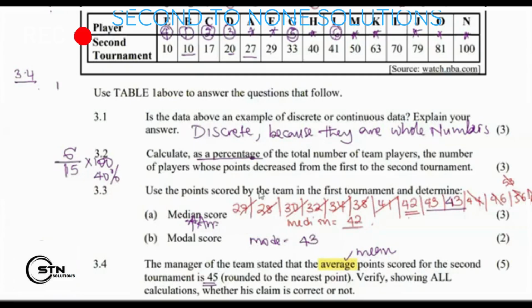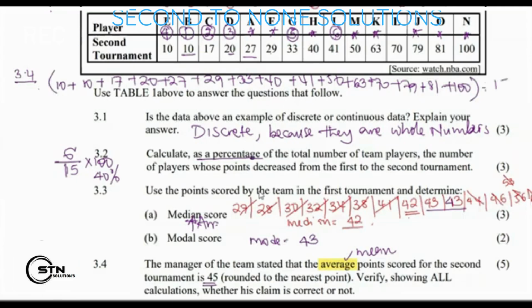So we're going to say 10 plus 17 plus 20 plus 27 plus 29 plus 40 plus 41 plus 50 plus 63 plus 70 plus 79 plus 81 plus 100. Then we divide by how many numbers we have added. We already know that there are 15, so we shall divide by 15.